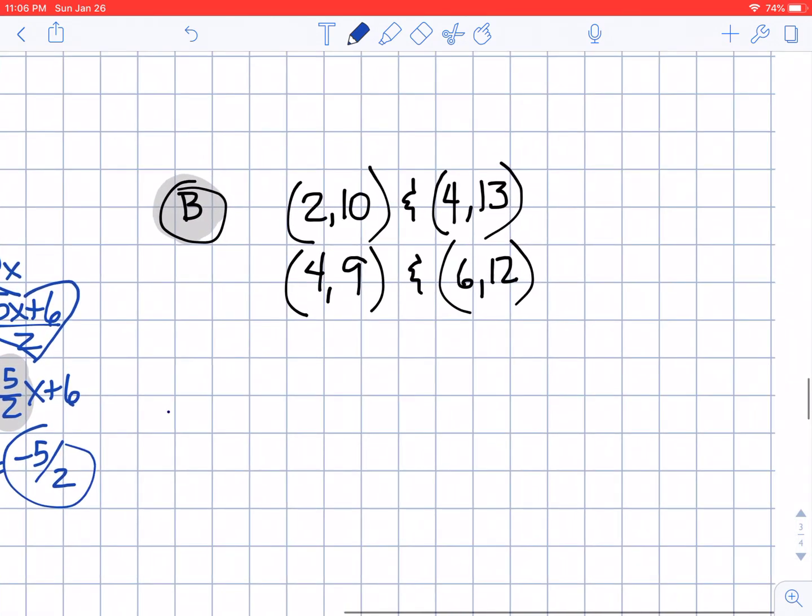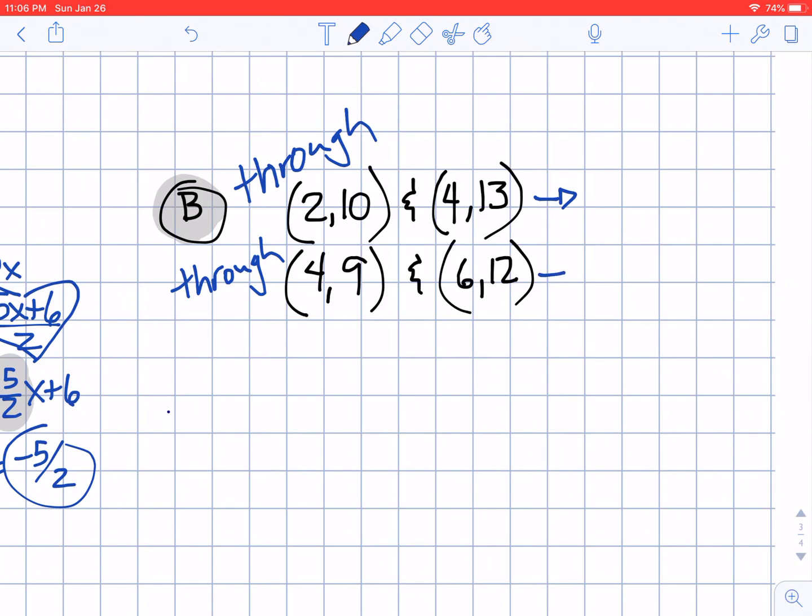Second example of the first type. Now they give us just two sets of points. So the first question is, we have to look at the line that goes through (2, 10) and (4, 13) and the line that goes through (4, 9) and (6, 12). Well, we're going to find the slope in each case. Subtract the y's, subtract the x's.